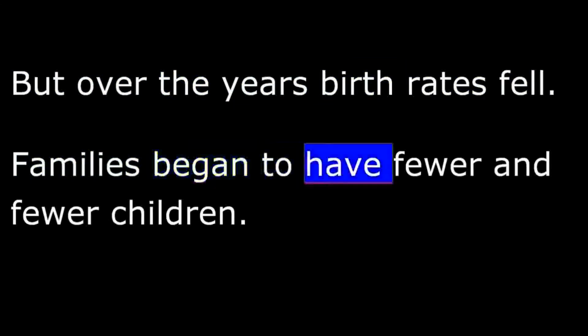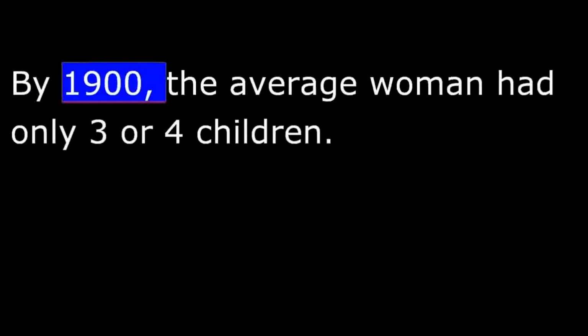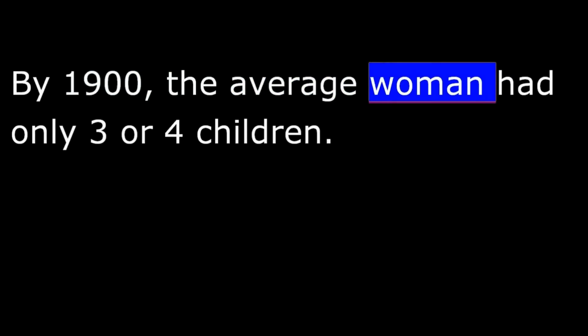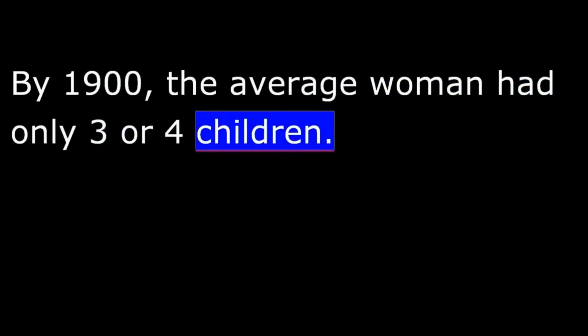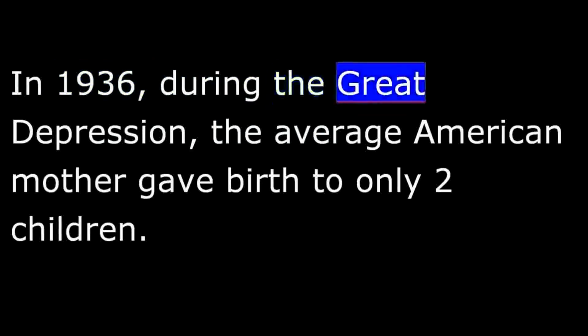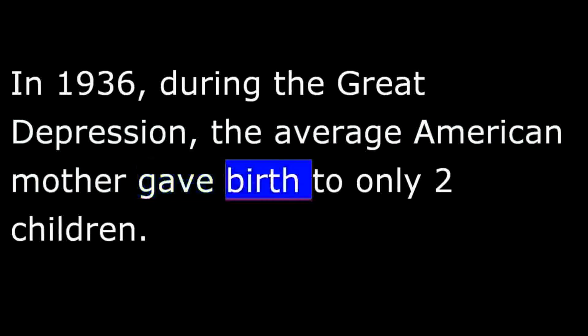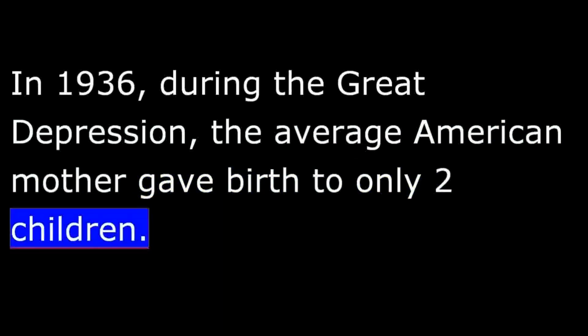Families began to have fewer and fewer children. By 1900, the average woman had only 3 or 4 children. In 1936, during the Great Depression, the average American mother gave birth to only 2 children.